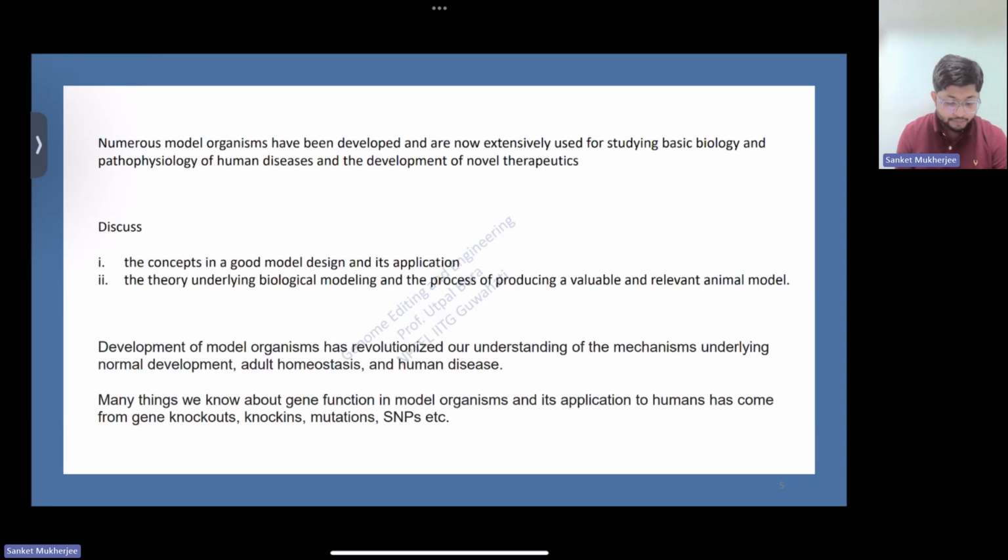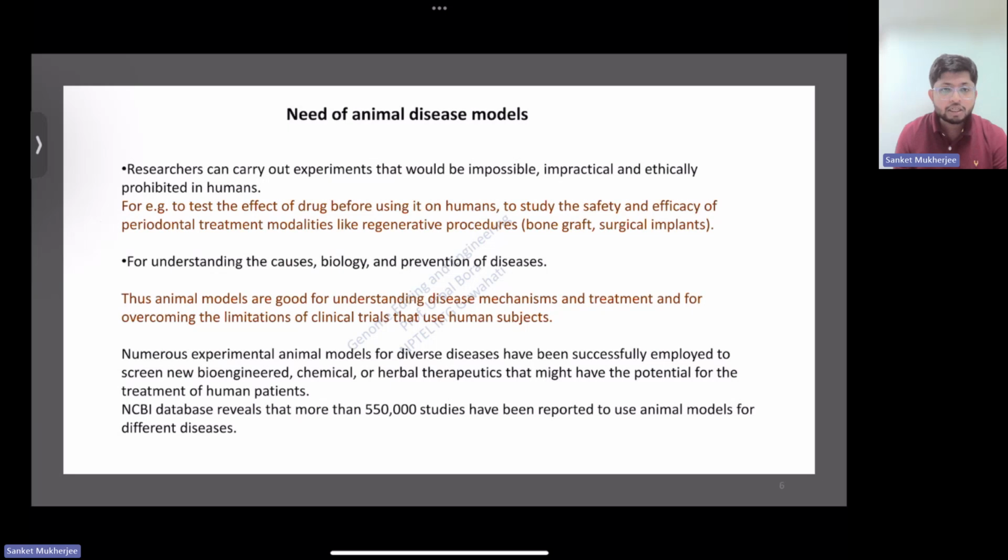Development of model organisms has revolutionized our understanding of the mechanisms underlying normal development, adult homeostasis, and human disease. Many things we know about gene function in model organisms and its application to humans has come from gene knockouts, knock-ins, mutations, SNPs, etc.